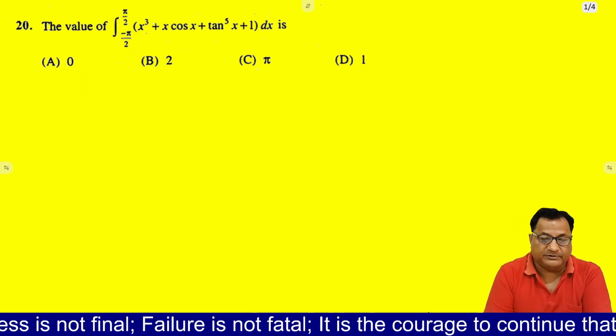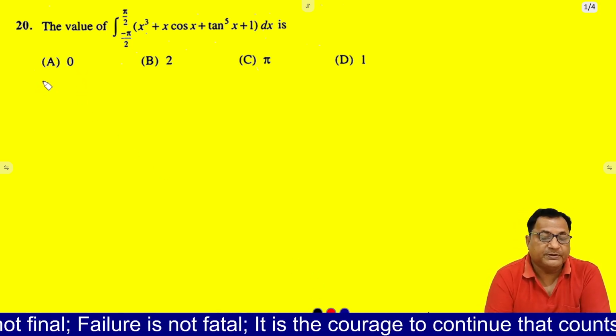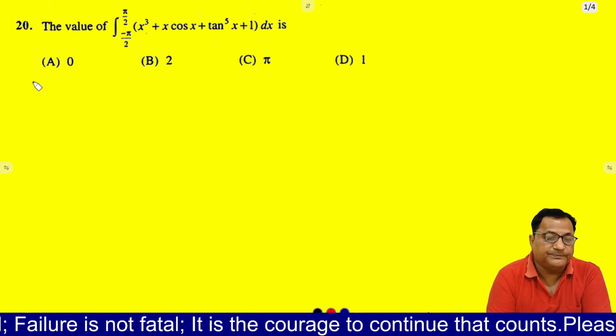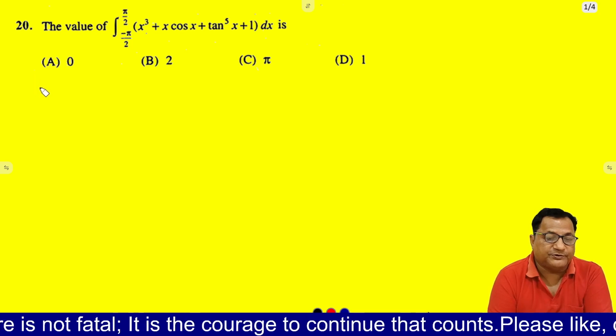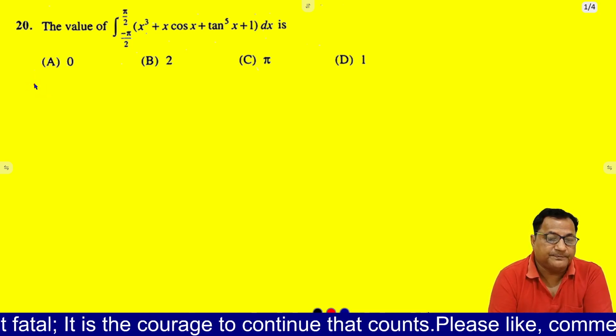We have to find the definite integration of this. For this we will use property P7 of definite integration.